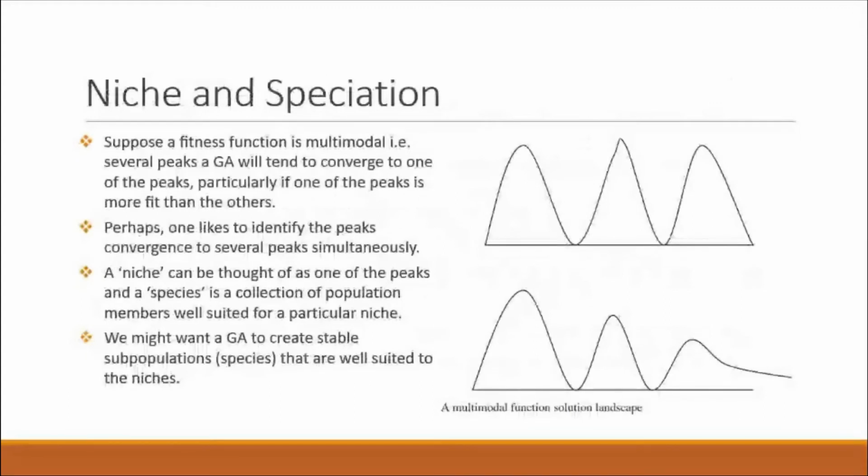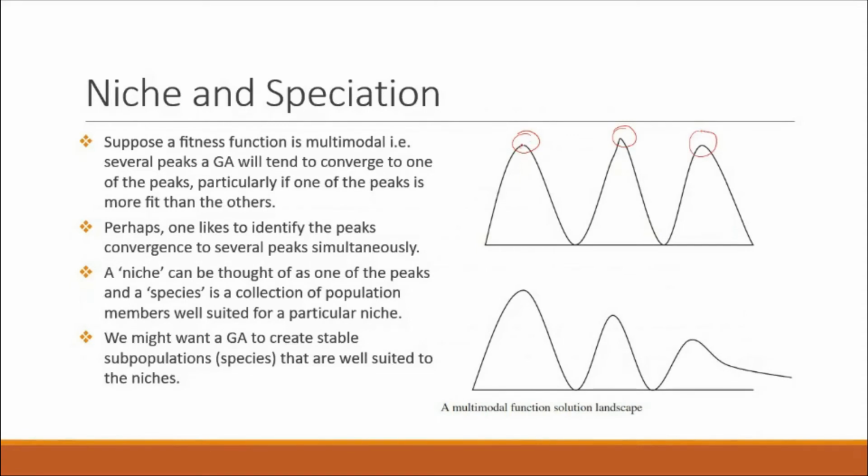Then the next is niche and speciation condition. Niche and speciation is mostly used in the case of multimodal functions or multimodal problems. A multimodal problem is one where several peaks are there. See, this is the two-dimensional representation of the fitness function of a specific function. Here this is an optimum, this is an optimum, and here is another optimum.